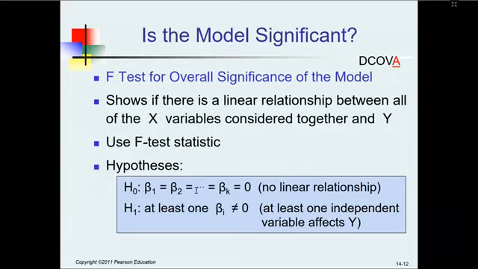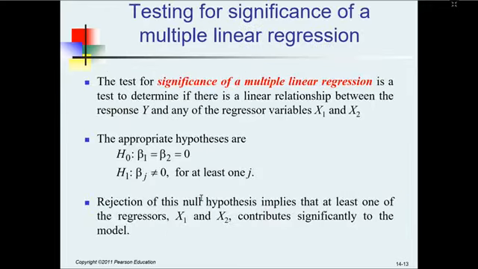So the null hypothesis will be that beta 1 is equal to beta 2 and is equal to 0. And the alternative hypothesis is that at least one of the betas, beta 1 or beta 2, is not equal to 0. So this is the hypothesis that we use to test the overall significance of the regression model you have determined.